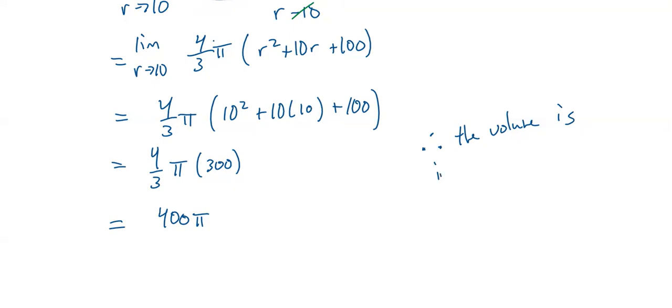The volume is increasing. So for every centimeter that it increases in radius, the volume is increasing by 400 pi centimeters cubed at that instant only. But that's what it means. So 400 pi centimeters cubed per centimeter. Any questions?